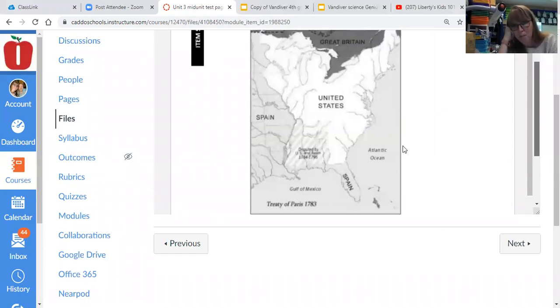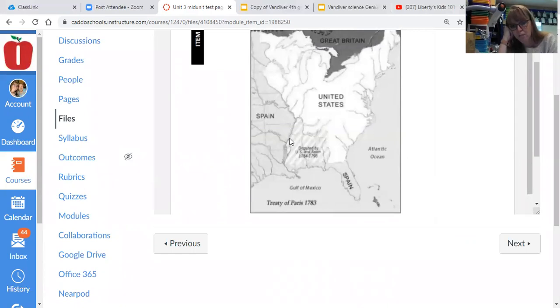This was land disputed by the U.S. and Spain between 1784 and 1795. This was land that was colonized by Spain. This was the United States area, and this was Spanish land. Great Britain had colonized this area.